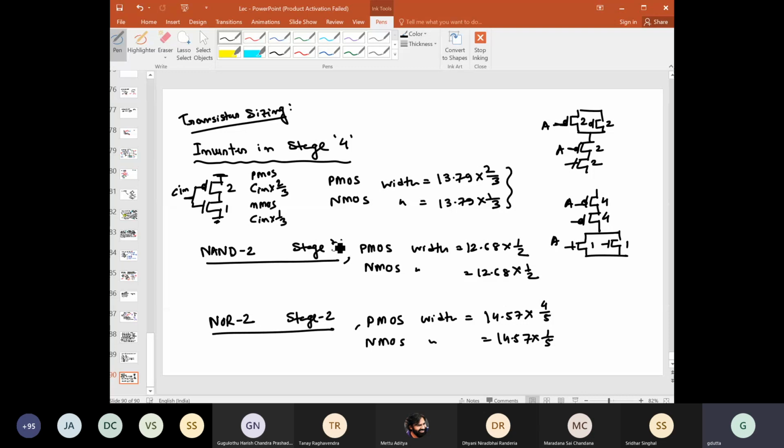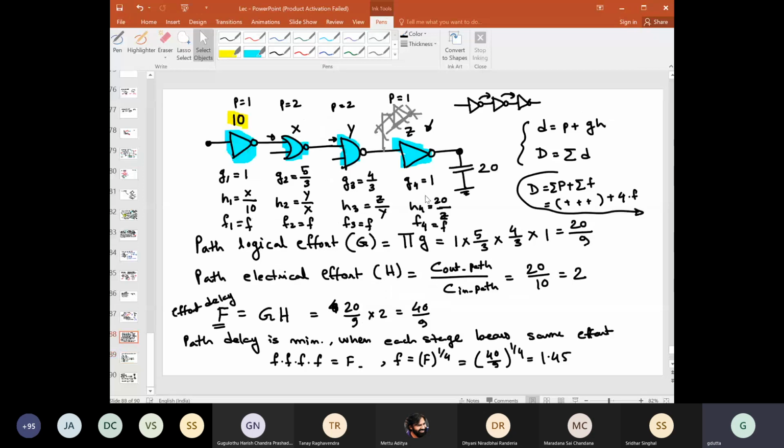Then further, if you want to find the size of stage 1, that is again an inverter, you know the size, which is 10. So it will be 10 times 2/3 for this PMOS, and 10 times 1/3 would be the size of this NMOS. So using this analysis, we can find the transistor sizing for this type of chain of gates, where not only the inverter is involved but also other gates are involved at the same time.